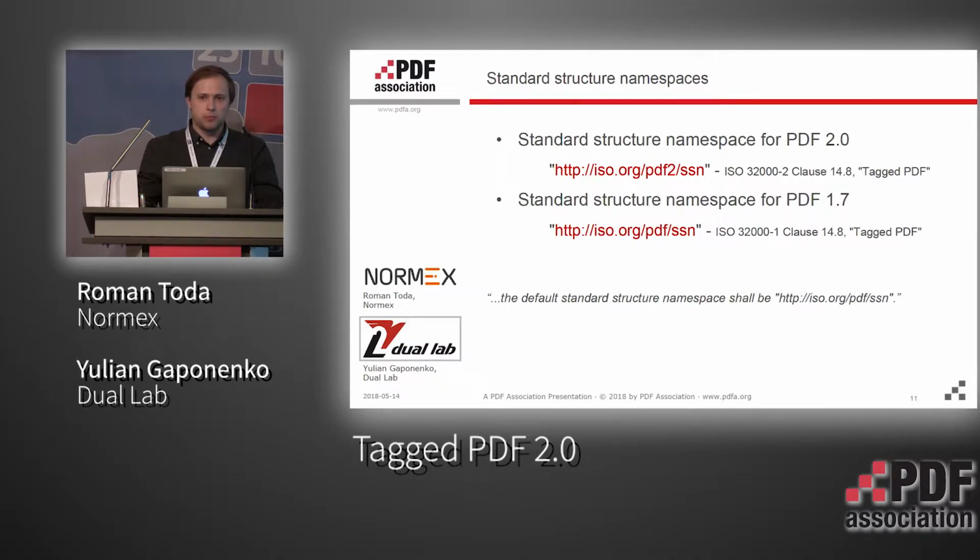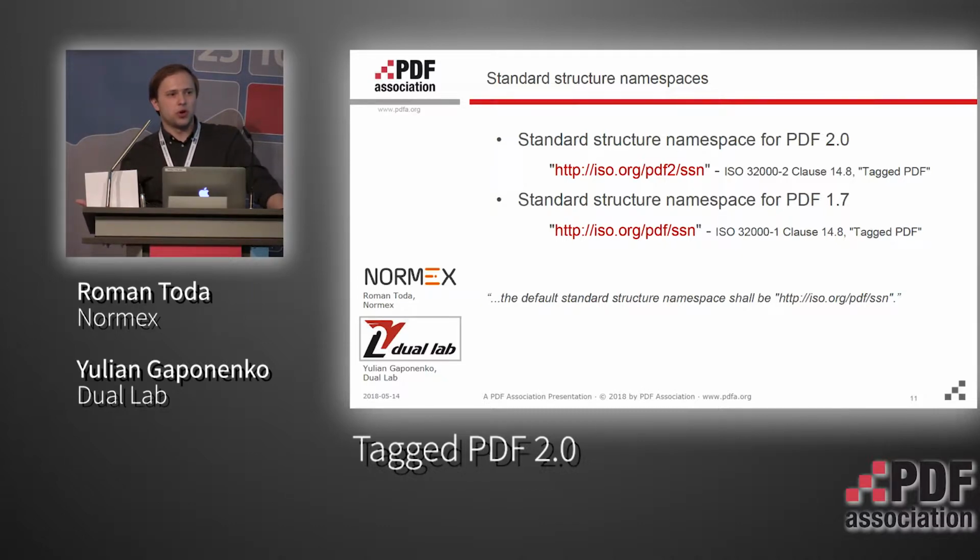So I've mentioned standard structure namespaces. What are they exactly? Like in tagged PDF, in order to fully comply with the notion of tagged PDF, every structure element shall either be standard or it shall be role mapped to standard ones. And standard structure namespaces are the ones that are defined by the specification.